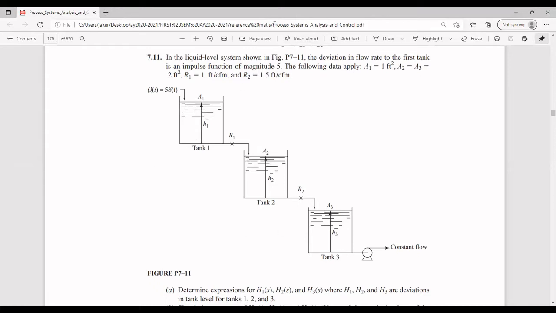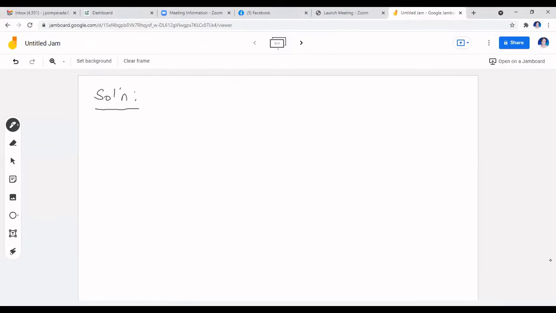So we will try to do that in our board now. So if we write H1 of s over Q of s first, because that's where we're going to start to give the H1 of s. What do you think will be the transfer function of this system? Anybody? Based on our fundamental principle of the transfer function of a liquid level system.